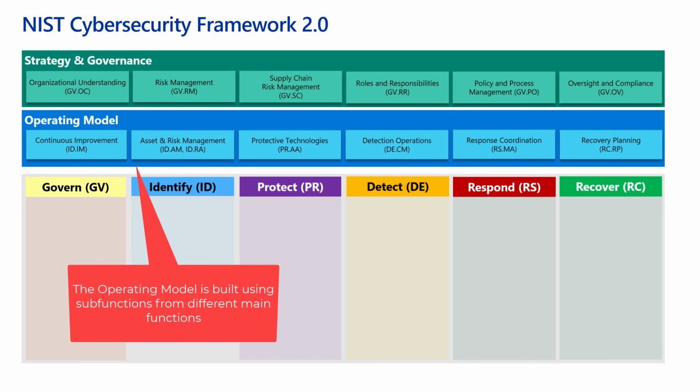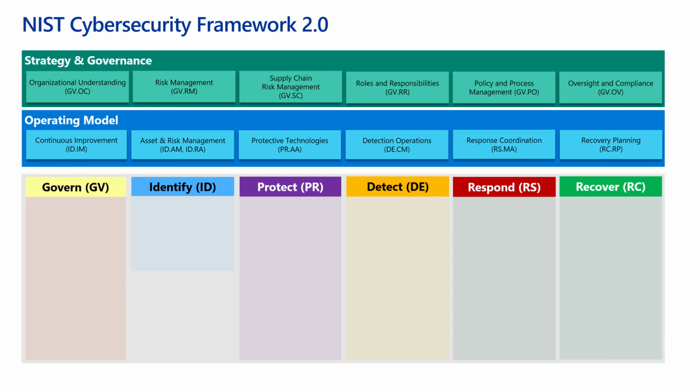When we look at the operating model, this represents the day-to-day execution of cybersecurity activities. We have continuous improvement, ID.IM, asset management, ID.AM, risk assessment, ID.RA, protective technologies, PR.AA, detection operations, DE.CM, response coordination, RS.MA, and recovery planning, RC.RP.